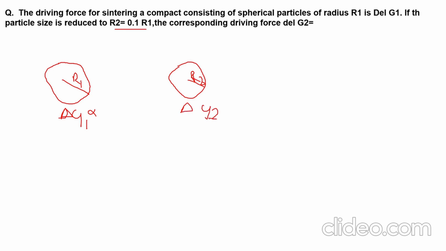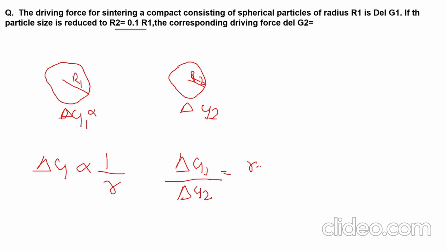We know that the driving force for sintering depends on the particle size, and it is inversely proportional to the particle size. So you can say that delta G1 divided by delta G2 is equal to R2 by R1.